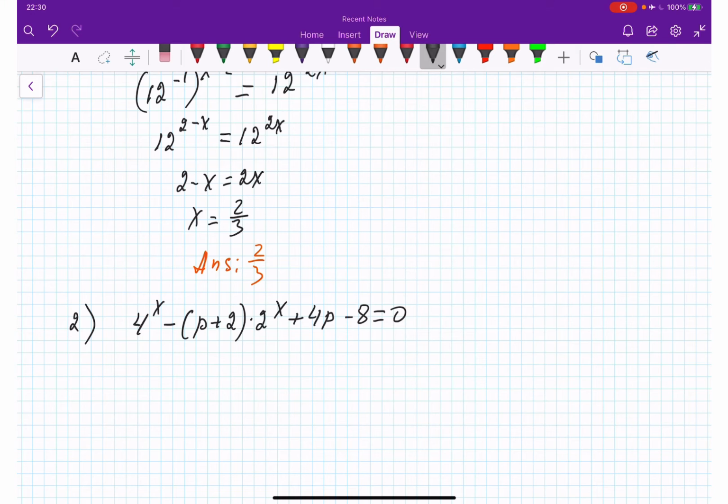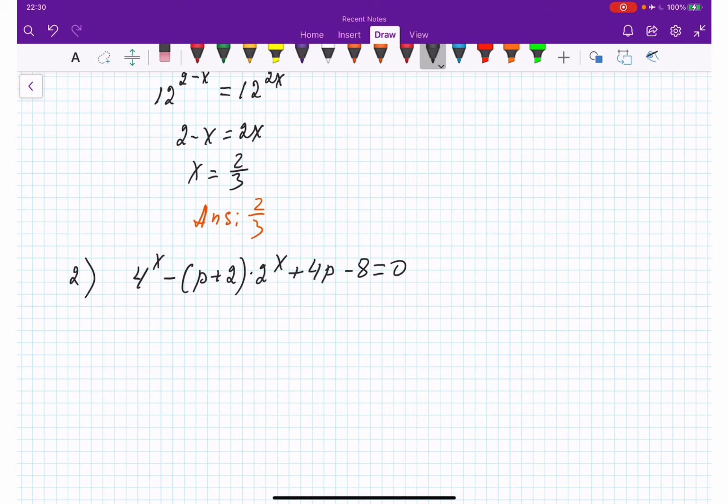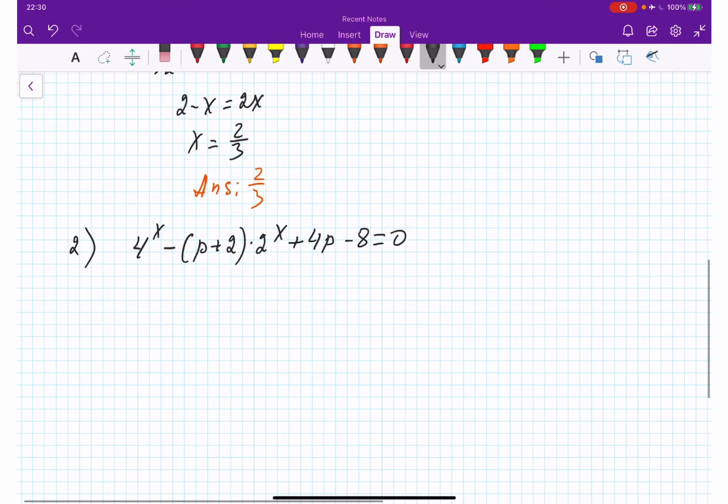So one more time, we need to find all values of parameter p where the following equation has only one solution. Okay, so what pattern do I see here?